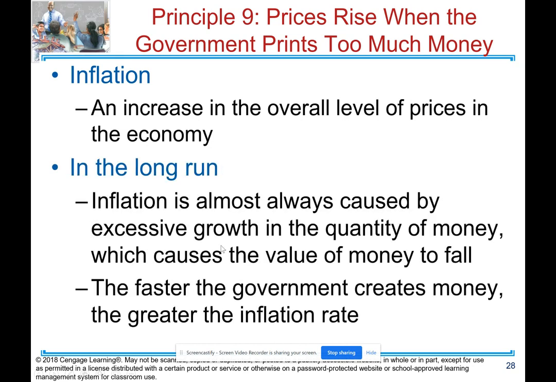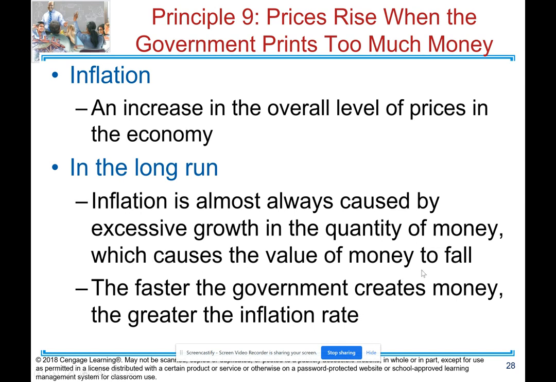Principle number 9, prices rise when the government prints too much money. And that's inflation. Inflation is defined as an increase in the overall level of prices in the economy. In the long run, inflation is almost always caused by excessive growth in the quantity of money, which causes the value of money to fall.